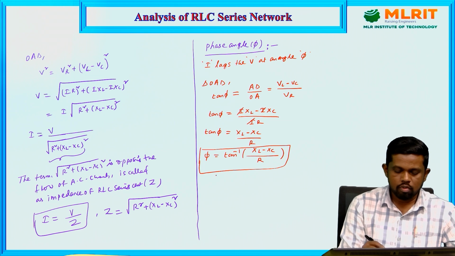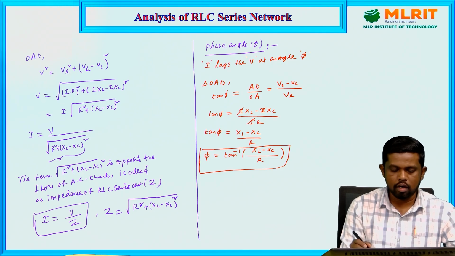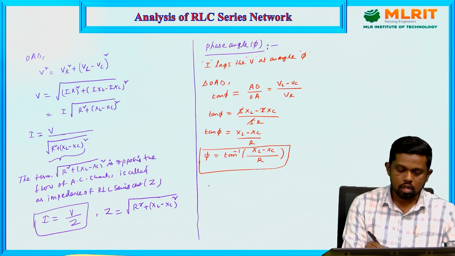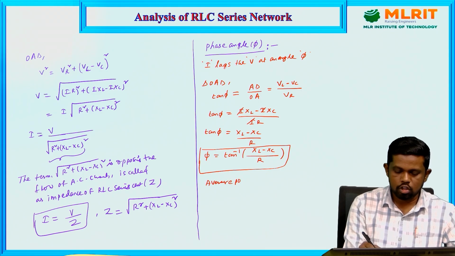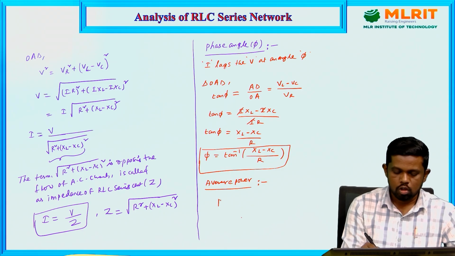So based on this we want to write the instantaneous power. The instantaneous power we have already determined for the cases of RL and RC, and we will get it similarly. So the average power consumed by the RLC series circuit is P equal to VI cos phi only.